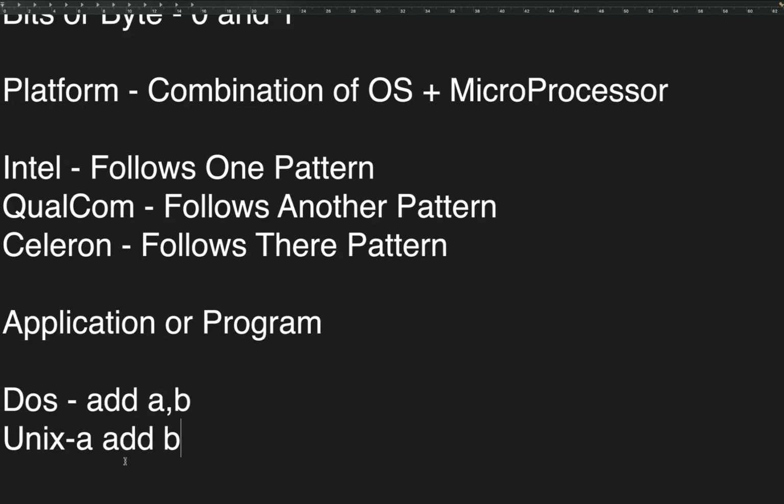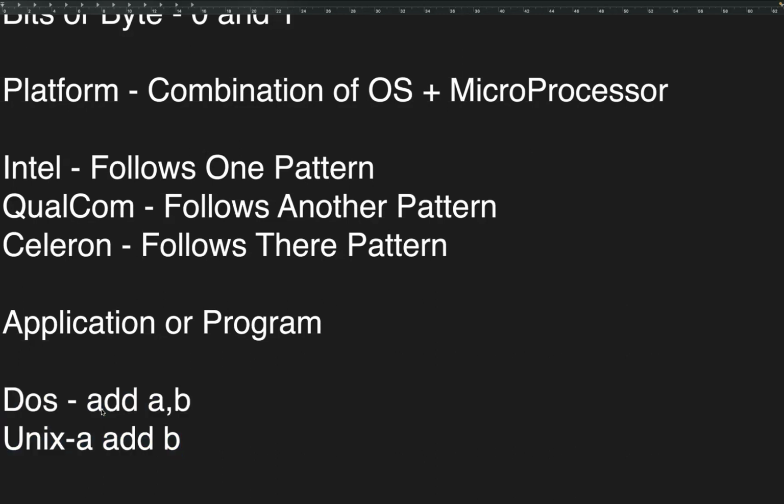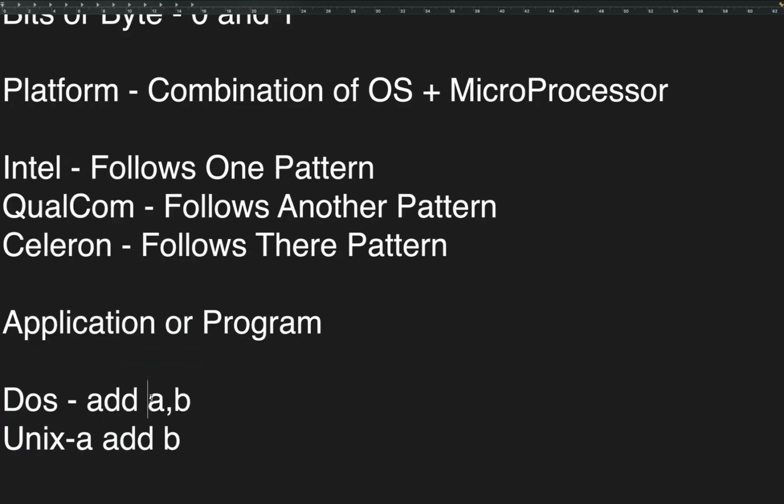In each operating system the result will come finally, like add 2 plus 3, 5. Like A add B, 2 add 3, 5. Final result will be the same. But you need to understand how they are implementing the pattern, in the sense that each company, each platform will follow one pattern.